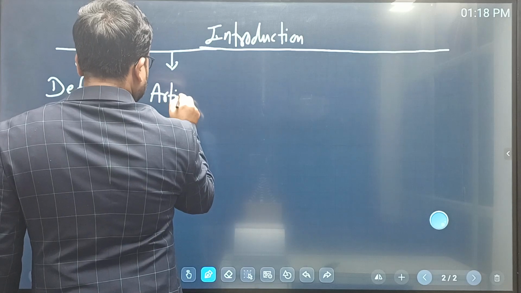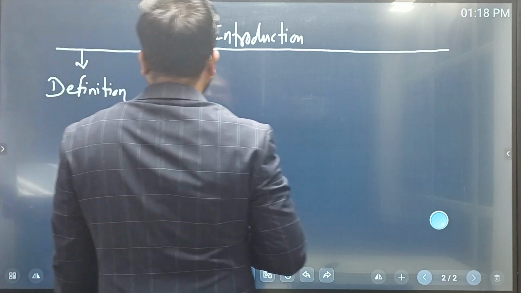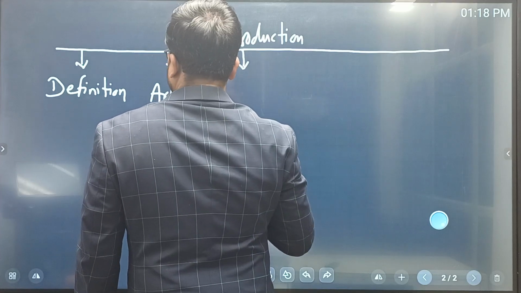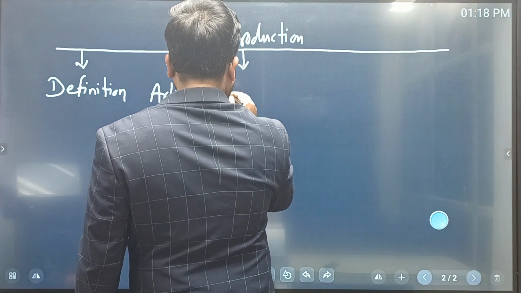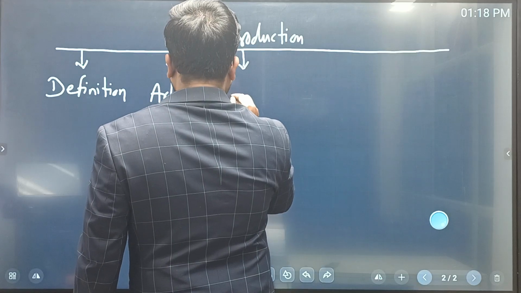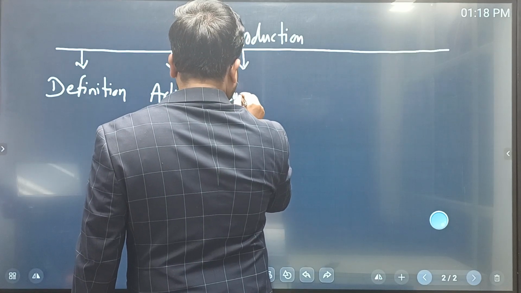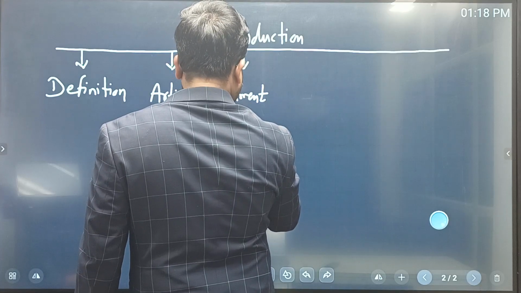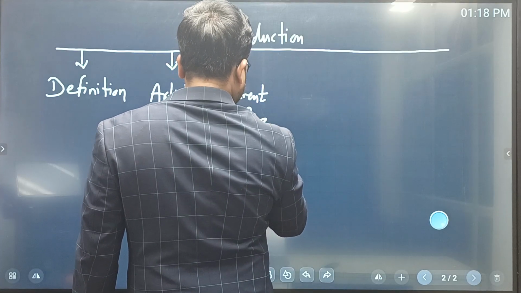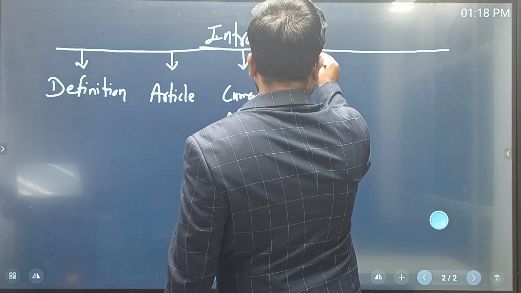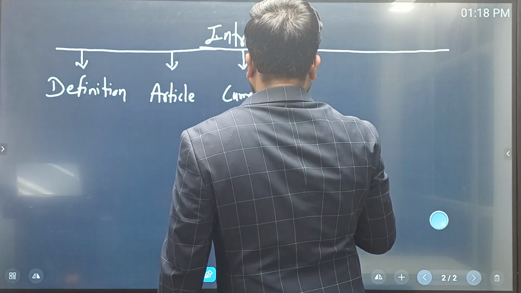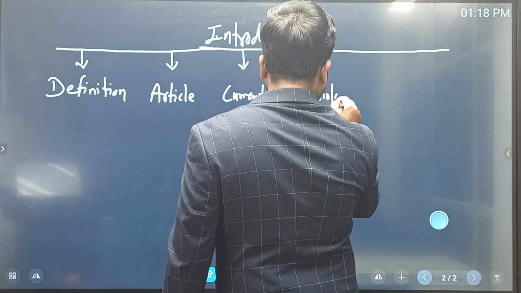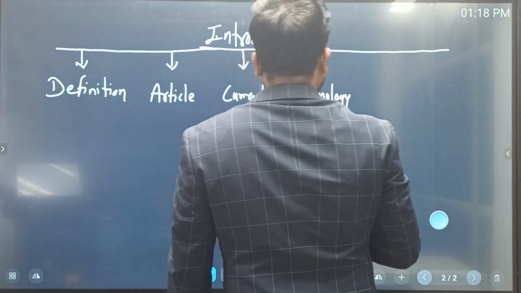First theme is definition based introduction. Second theme is article based definition. Third is current affairs based introduction. Fourth can be chronology based introduction.